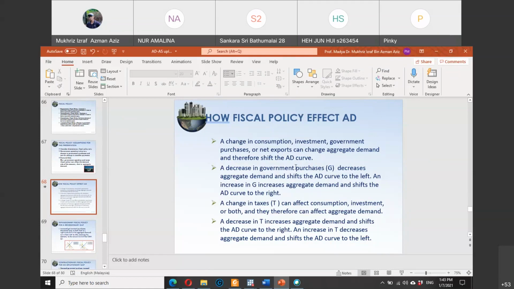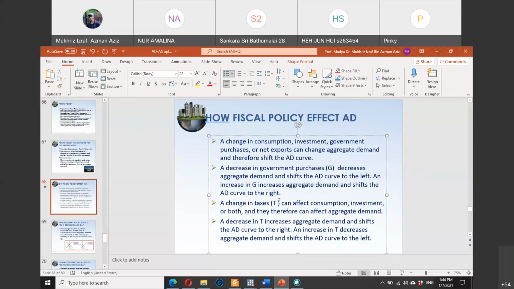Take a decrease in government expenditure, because G is part of the injections. If you recall from our discussion in the calculation of GDP, we discussed injections and also leakages. So G is part of injection. When this decreases, AD will also decrease, shifting to the left.